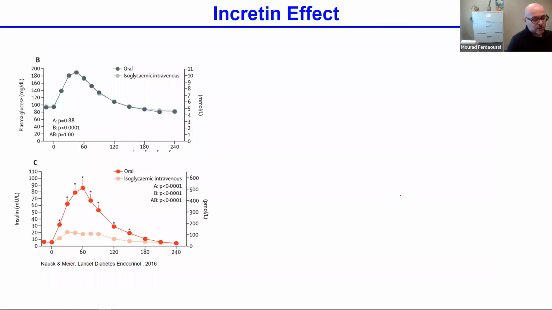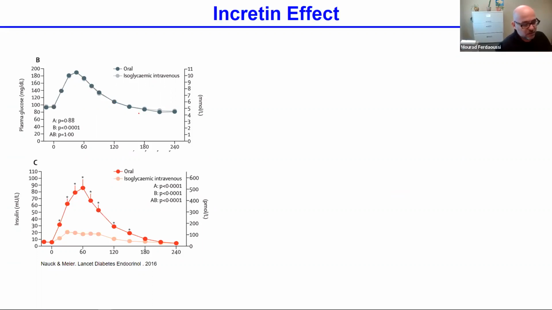The first class of this drug is based on an observation that was made many years ago, around 1970, that if we give glucose to healthy people, by oral or by intravenous delivery, we observe that the glucose concentration is basically the same between the two groups.